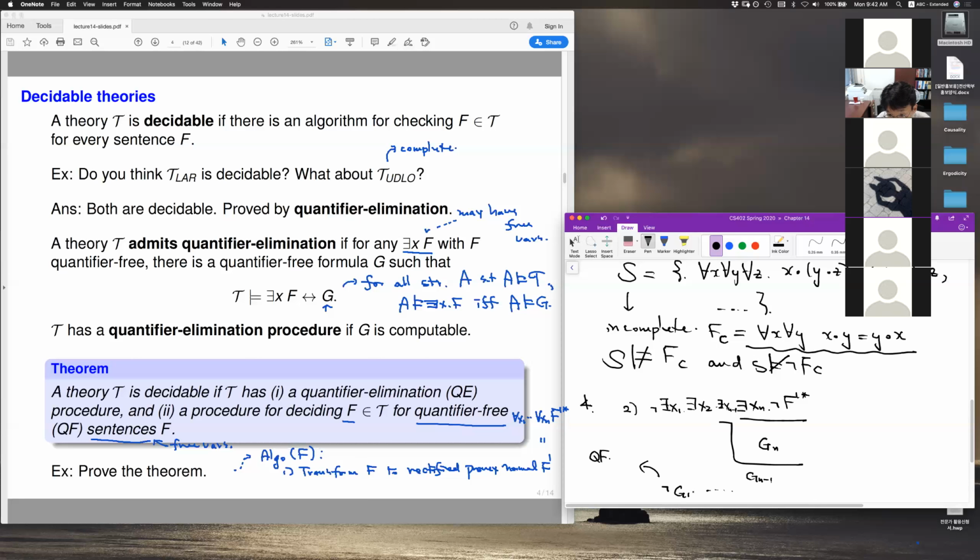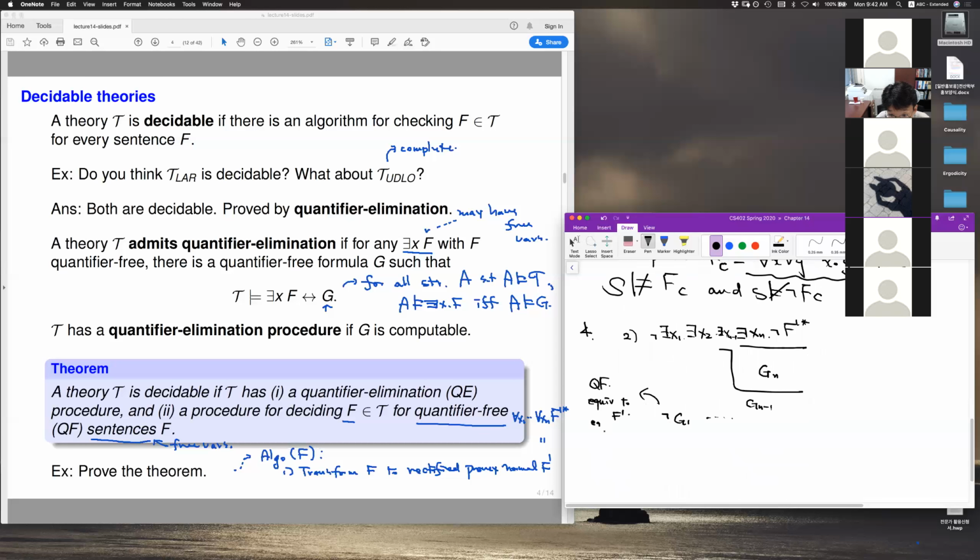Another thing we know is that g1 with negation is equivalent to f prime that we started with, which is also equivalent to the original formula f.